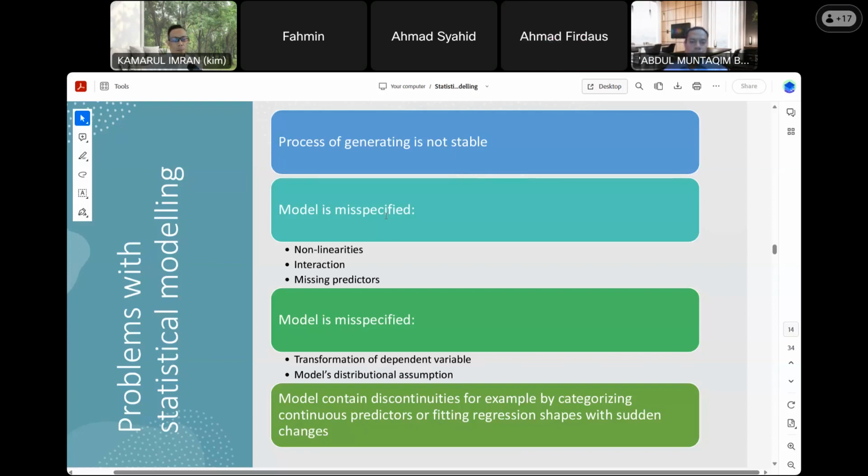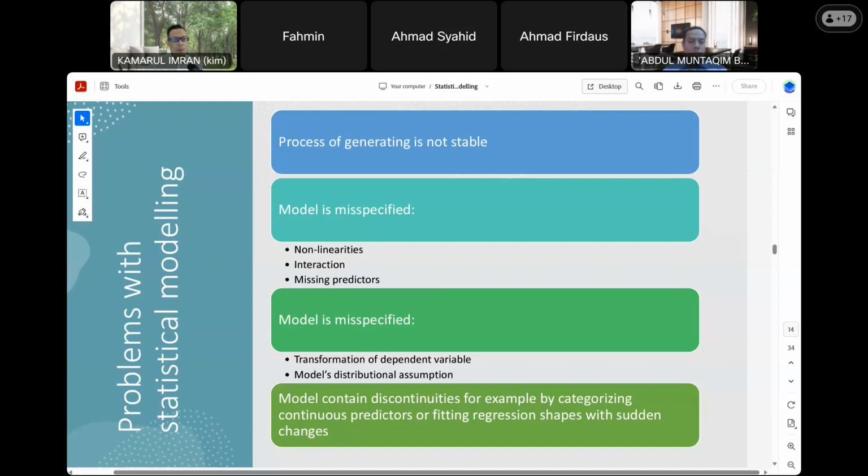You can transform the dependent variable or you can transform the independent variable. Tapi bila you interpret, yang tu jadi pening kepala sikit. Right. Okay. Tapi I will not go to that lah. Tapi you can do transformation, but when you interpret, you cannot interpret like normal lah. You have to interpret using the transformed variable.